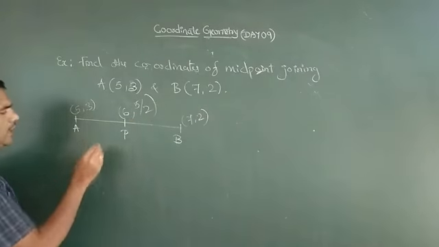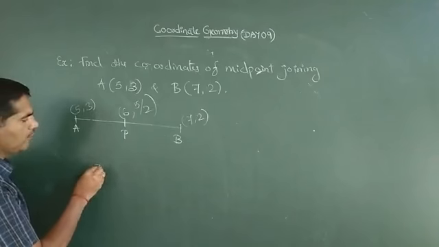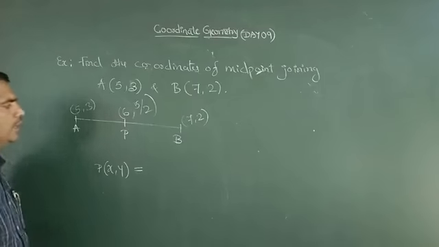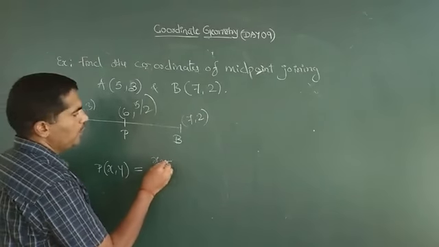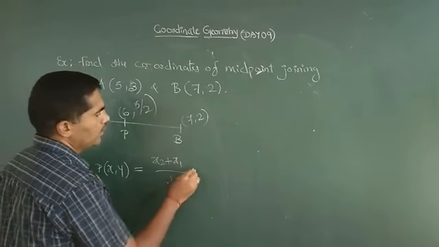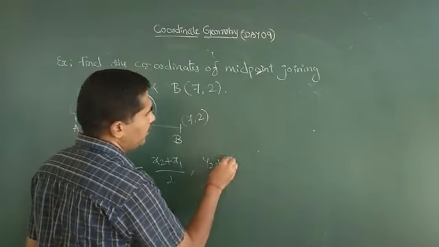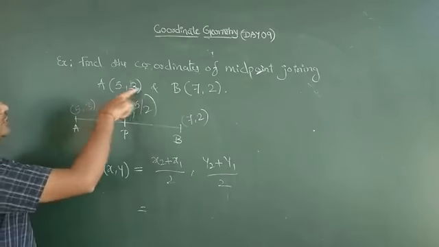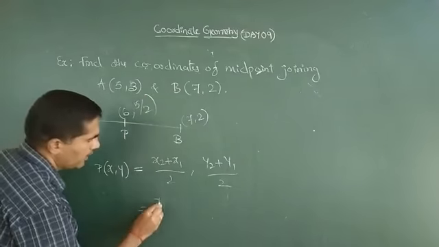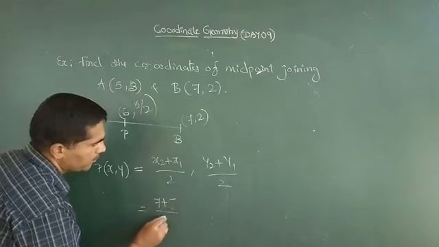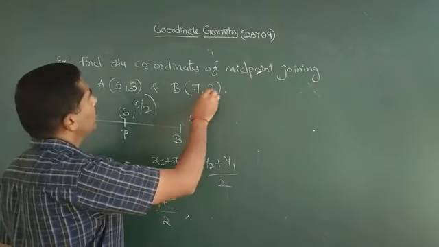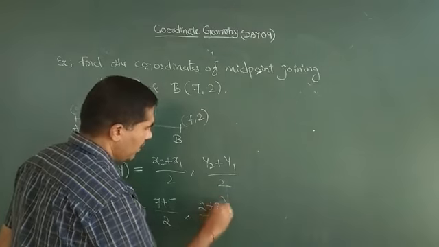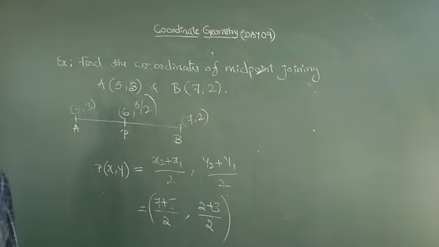If you have difficulty in finding, then you can find P(x, y) equal to (x2 plus x1) by 2, (y2 plus y1) by 2, equal to x2 is 7, x1 is 5, (7 plus 5) by 2, and y2 plus y1 becomes (2 plus 3) by 2. Directly also it can be answered, or you can do it by calculation.